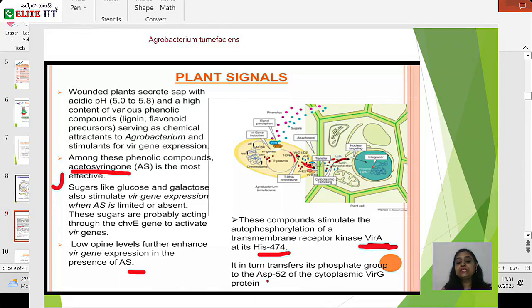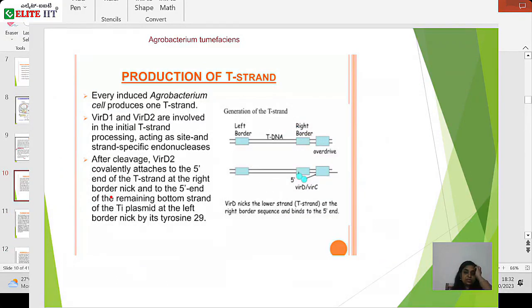Now it in turn transfers its phosphate group to the aspartic acid residues of the cytoplasmic VirG protein. So VirA is present in the membrane. VirG is present in the cytoplasm, the cytoplasm of bacteria. So VirA is activated, then VirG is activated by the phosphorylation process.